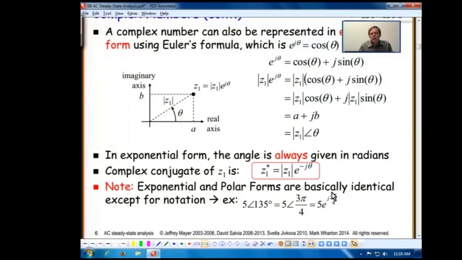One thing in most of these problems, we need to remember to put down explicitly whether we're talking about degrees or radians, but the convention is in most problems we use angles in degrees, except in the exponential form. In the exponential form, we always give the angle in radians. So you don't have to put units on it. E to the j theta, theta is assumed to be in radians.